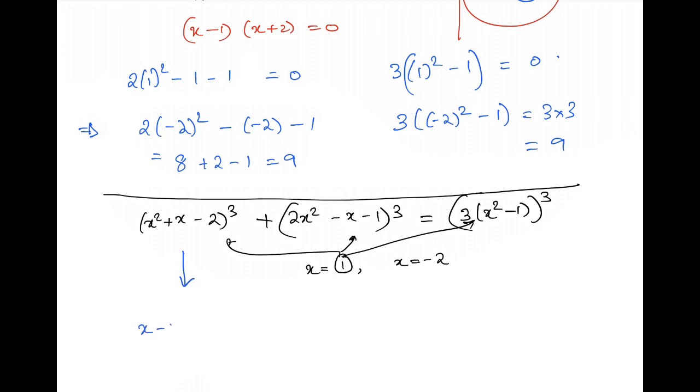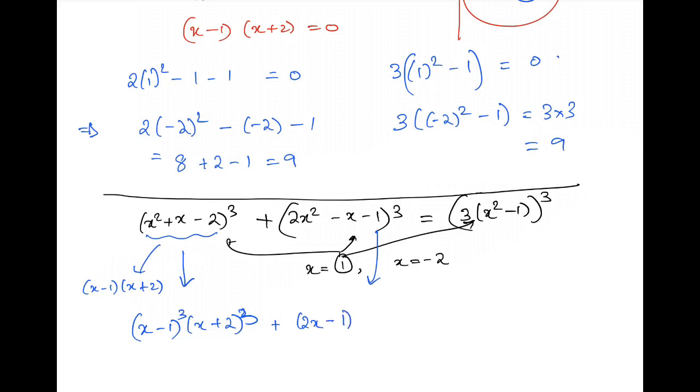If I factorize each of them, we get (x - 1) times (x + 2) whole cube, because this thing factorizes into (x - 1)(x + 2). And this one, we can factorize into (2x - 1)(2x + 1)(x - 1).